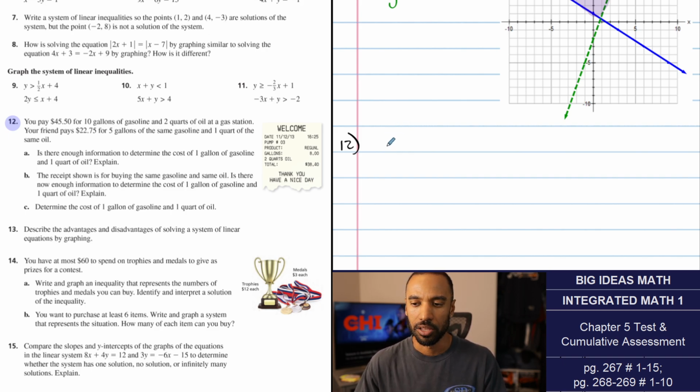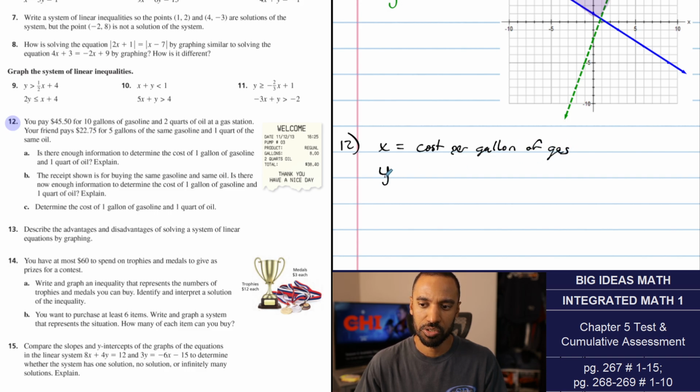So this is a system. Let x equal the cost per gallon of gasoline in dollars, and y is the cost per quart of oil.